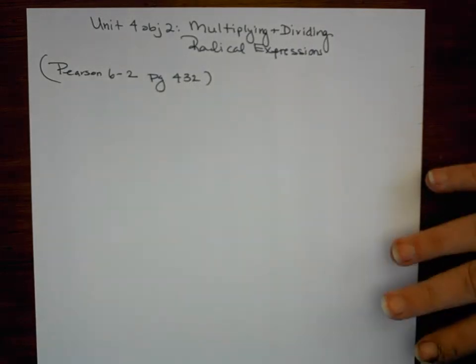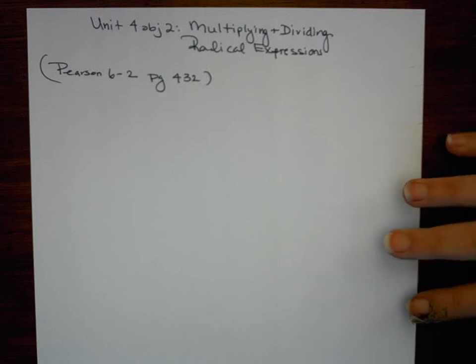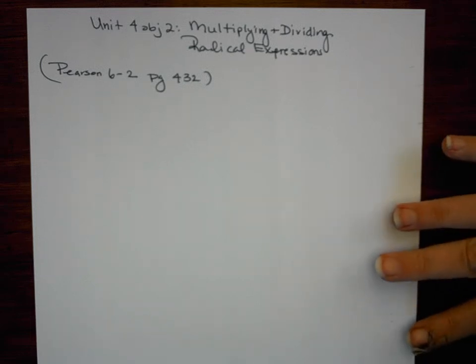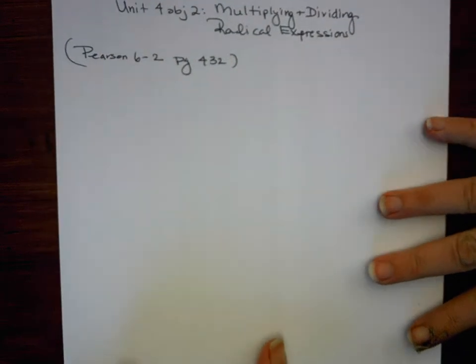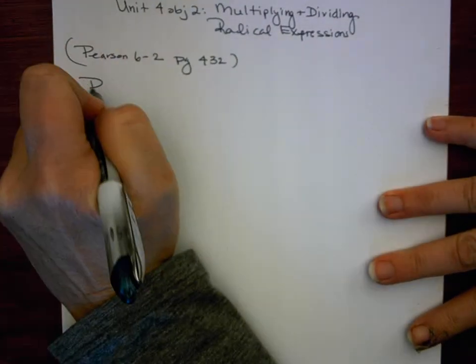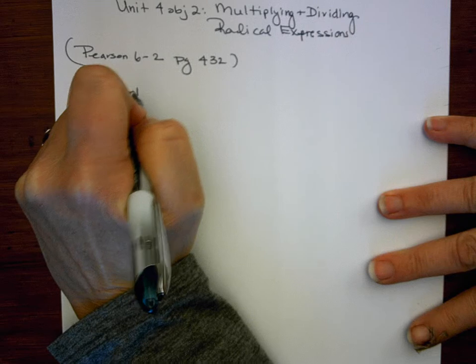So just in general, there are a couple of properties that we need to know in order to simplify our radical expressions when we're multiplying and dividing. Property number 1 is for multiplying.